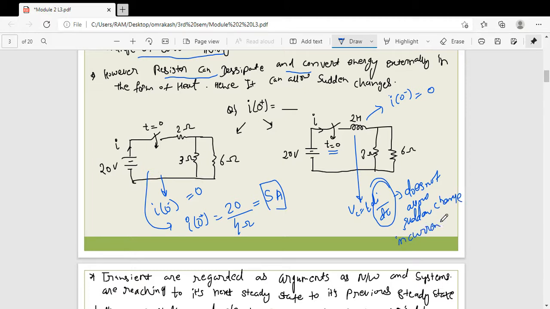So when the switch is closed at t equal to 0 instant, what is the current flowing at t equal to 0 plus instant? The current is the same in that circuit for this inductor. So at t equal to 0 plus, it is 0 ampere.